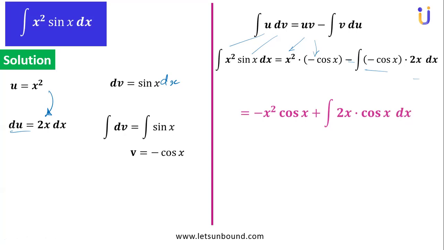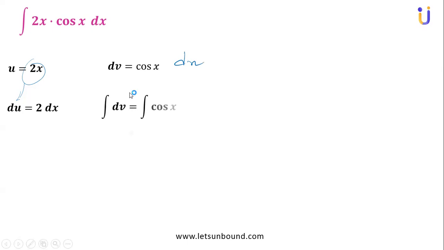Now, can we apply u substitution? I think it won't work, right? So, let's take this and solve it separately. My u is 2x because it will become simple when I differentiate, and cos x is easy to integrate. So, u is 2x and dv is cos x dx. And du you find from this, integrate and find v.